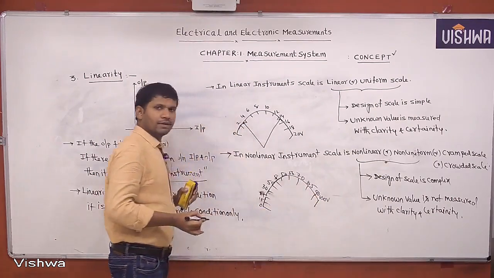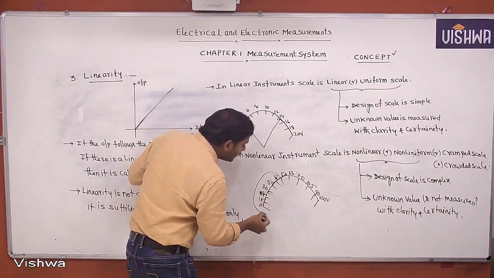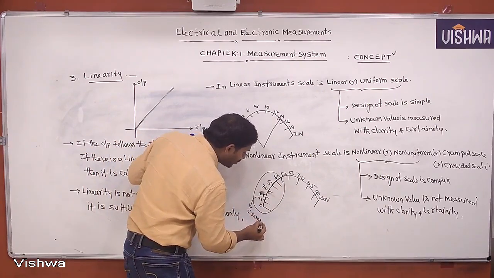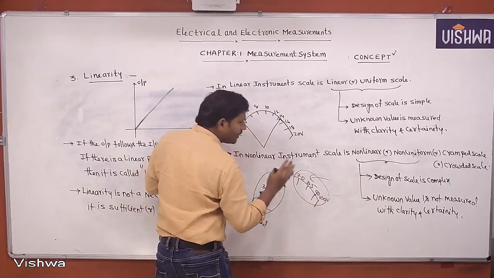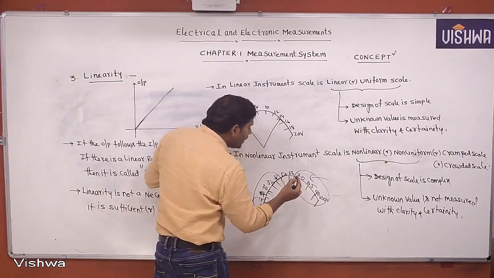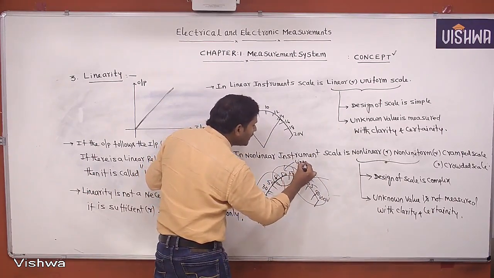Like this we can design. In the lower portion of the scale, it is crowded or cramped. In the upper portion of the scale, it is enlarged. But the middle portion of the scale is designed somewhat linear.